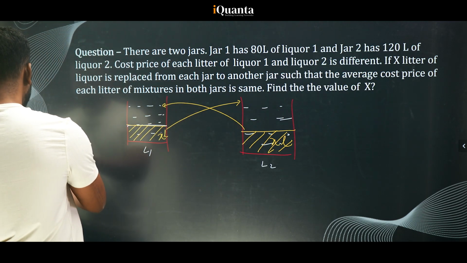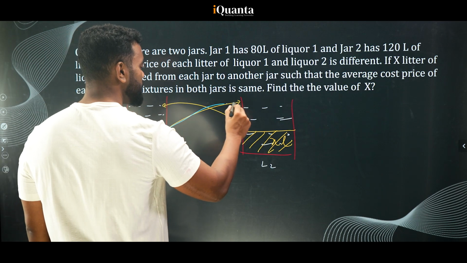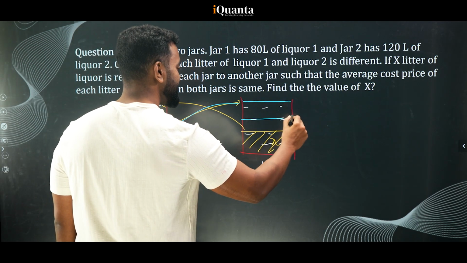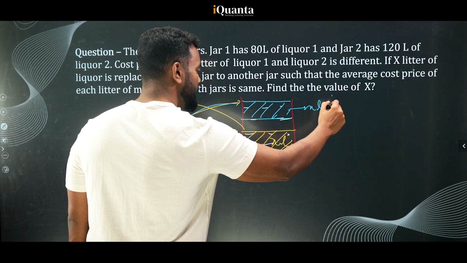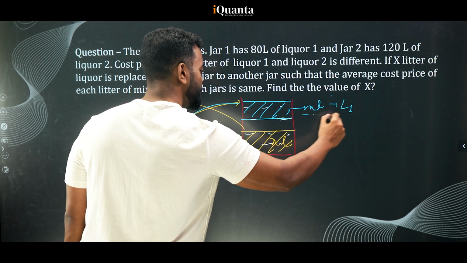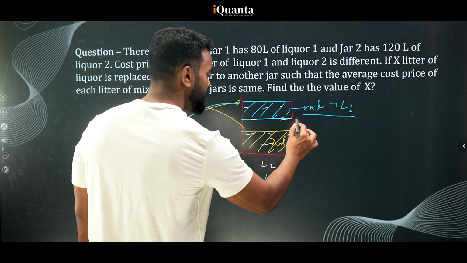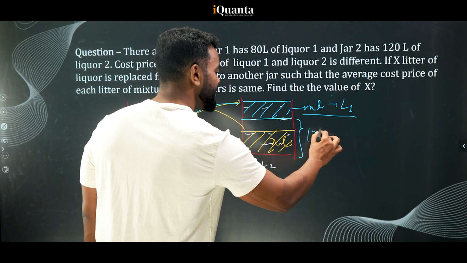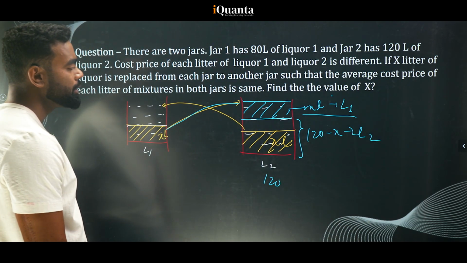Okay, so let me use another pen. So when this X comes here, I can see this is X liter of liquor 1. If X liter is liquor 1, the total is 120, so the remaining 120 minus X should be liquor 2, yes or no?